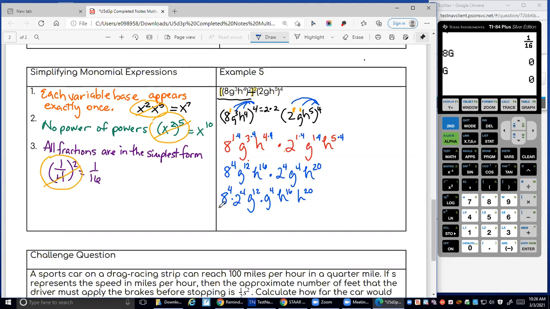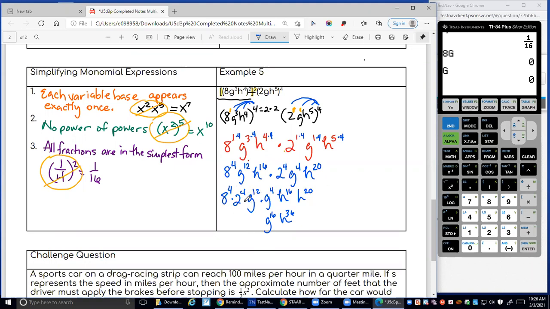So basically, can I add up the exponents for the 8 and the 2? Yay or nay? No, common mistake. Your bases have to be exactly the same. So I can do it with the h's. I can say 16 plus 20 and I get 36. I can say 12 plus 4 and I get 16. But I can't do that with this, okay?